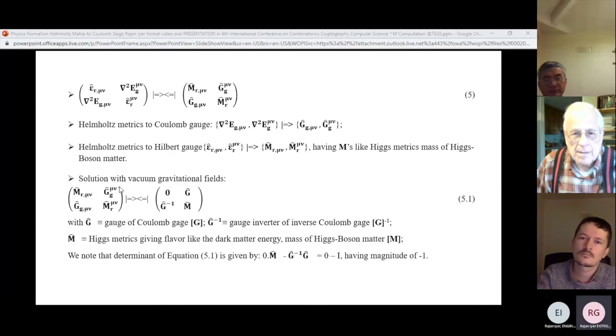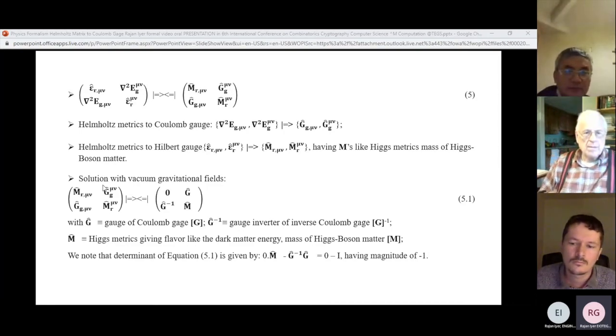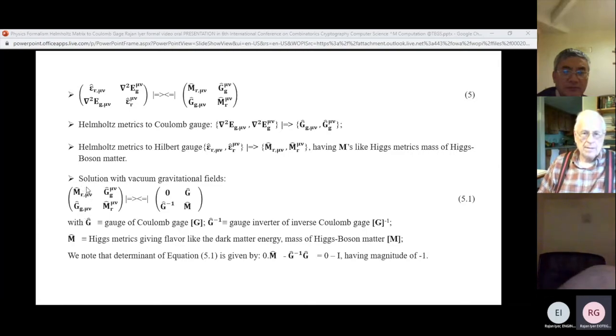And then you have a mass that shows for the Hilbert gauge. Okay, so we can extend this because, as I will show in the continuing presentation, I can convert to a unitary matrix and I can substitute for this value here, negative G inverse, and I keep substituting it. I can extend this matrix all the way to infinity. So that will give me a string matrix that shows charge asymmetry gauge matrix.